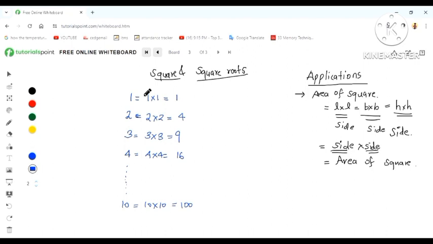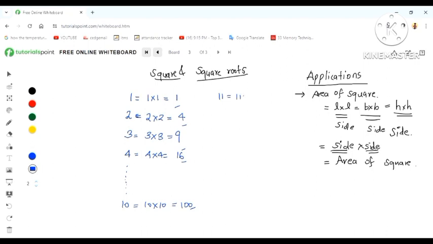The pattern you will observe is that after finding the squares of almost up to 30 numbers, the unit digits 1, 4, 9, 6 and 0 keep repeating. Let me give you an example. Take 11. What is the square of 11?